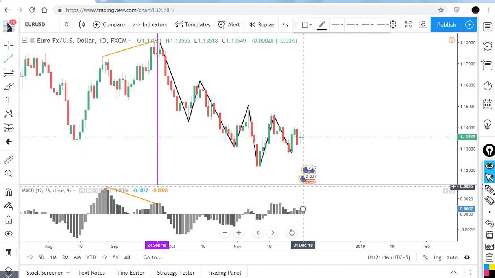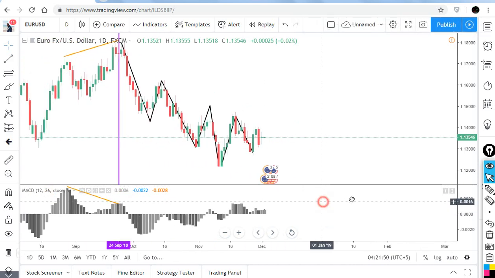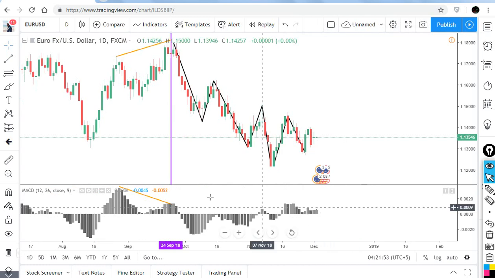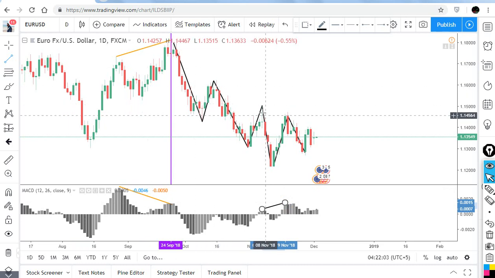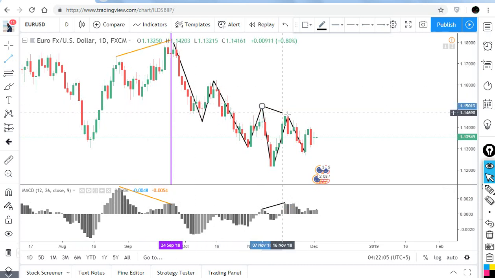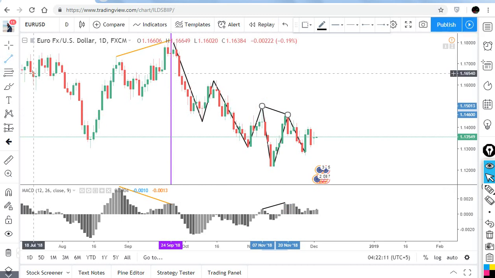Why is it not working here? What's going on? There is some sort of problem here. Okay, now here is our point of focus, and where is our point of action?